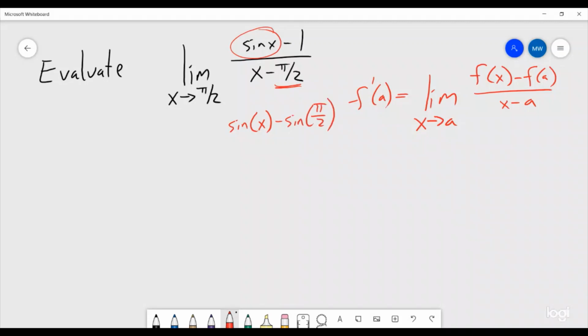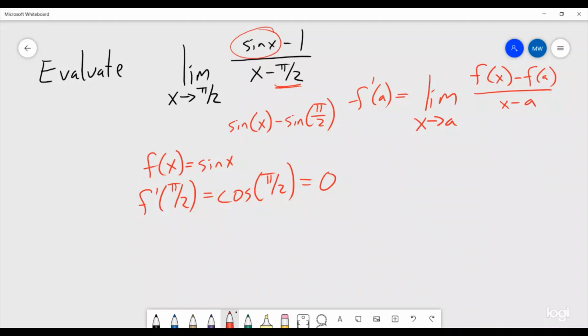And so what that means is we have really just this problem saying, if f of x equals sine of x, what is f prime at pi halves? Well, this is just going to be the derivative of sine, which is cosine, evaluated at pi halves, and cosine of pi halves is 0. And so that's how we would be able to evaluate this limit.